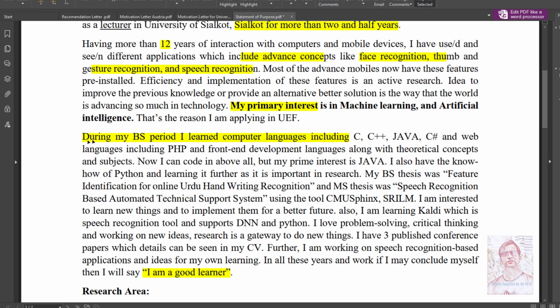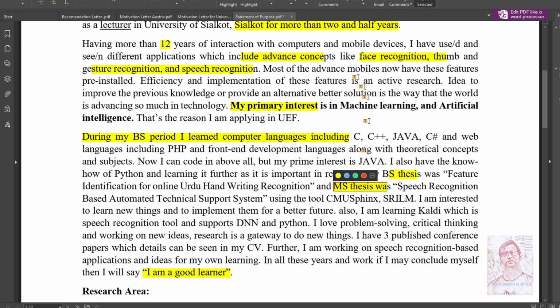In this paragraph, you can see that I again started with the previous knowledge. This paragraph is about what I have done related to my research area or my skills. I have mentioned the languages which I know, my BS thesis, and also my MS thesis.